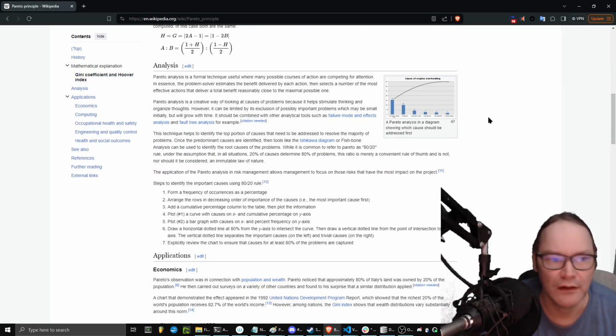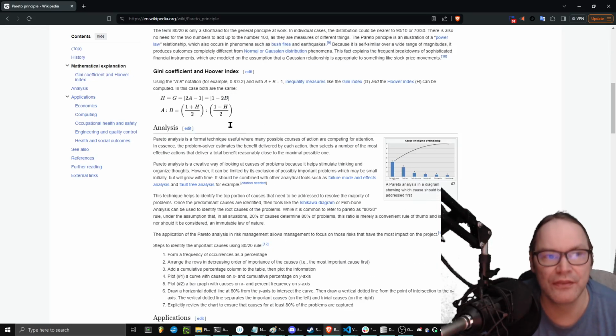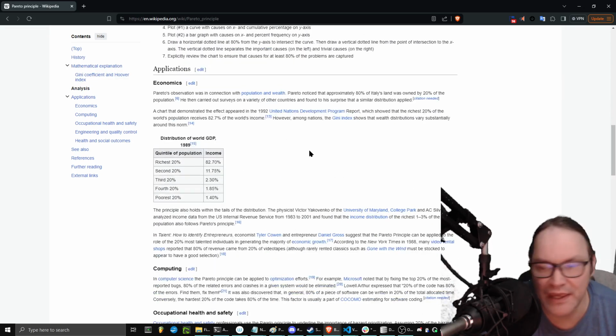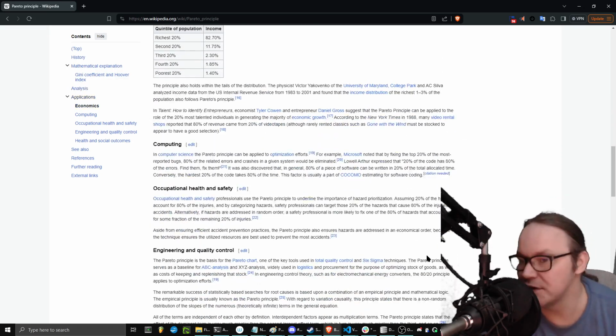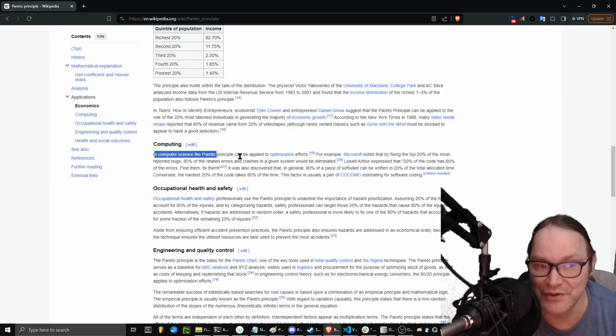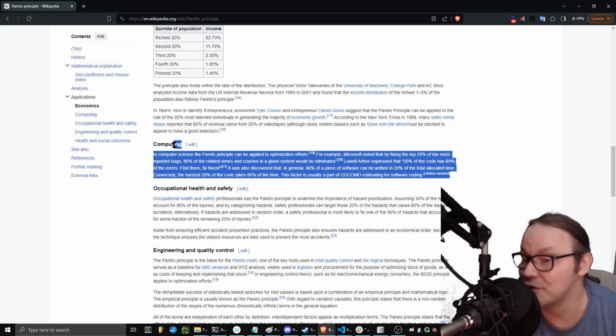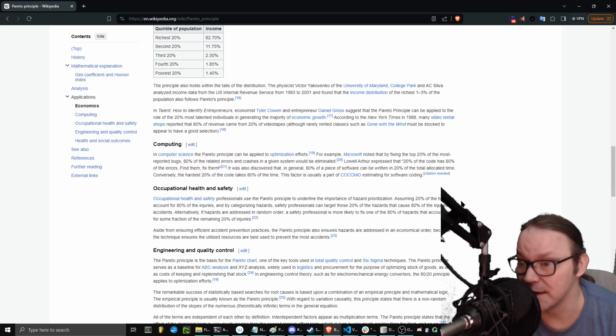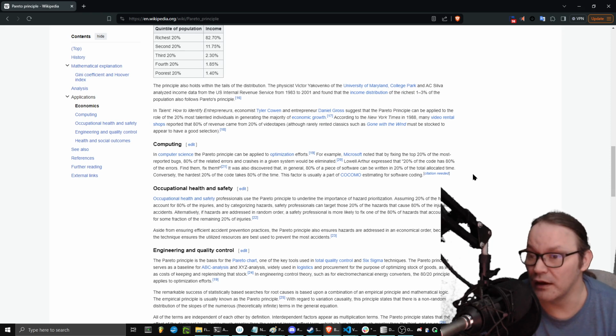We can go over the analysis and the math and the Gini coefficient and the Hoover index and all the different applications for this. But this is not just a computer science problem, but it is a computer science problem, right? And so the thing that you have to understand is that getting something working one time is not the same as shipping a production quality solution to customers.